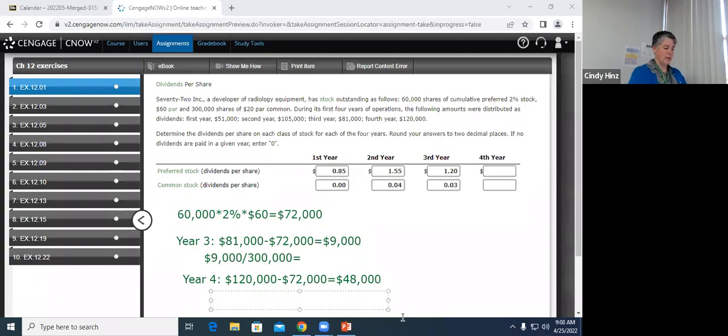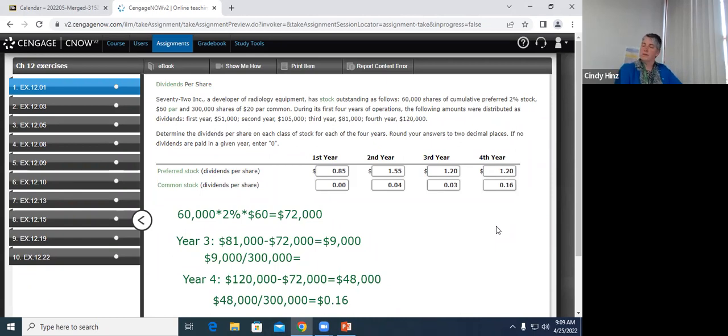For the common stockholders, that would be shared equally among the 300,000 shares, for a per share dividend of 16 cents.